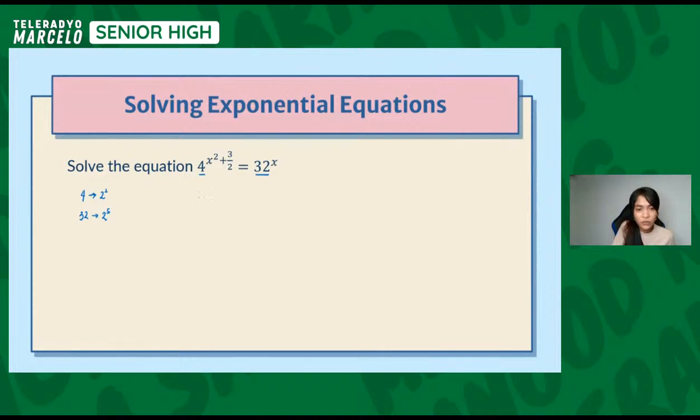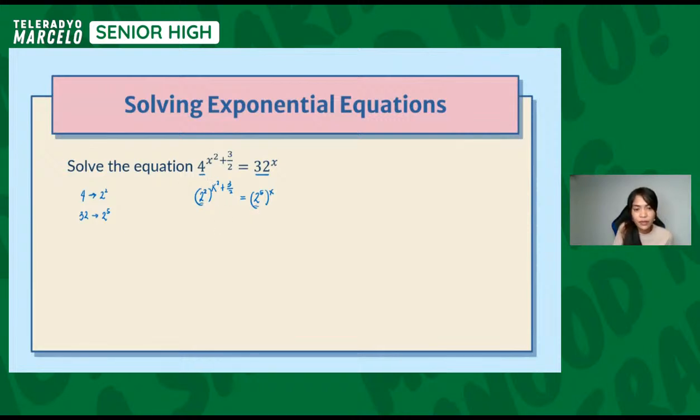So let's rewrite this one. 4 can be written as 2 squared, and then we have to copy the original exponents. That is x squared plus 3 over 2 equals 32 can be written as 2 raised to 5 raised to x. So in this case, we have similar bases now, which is 2.